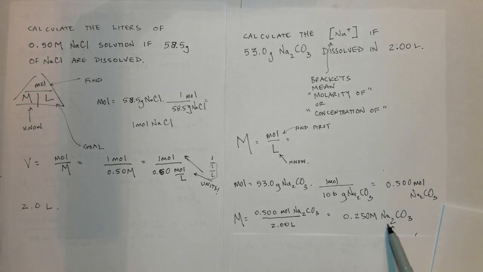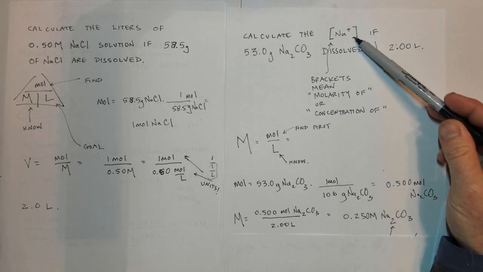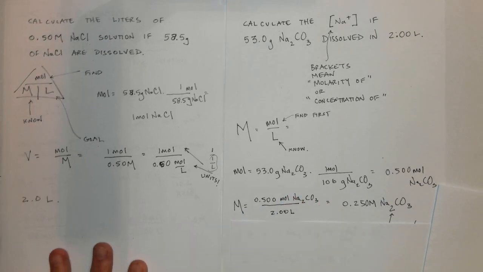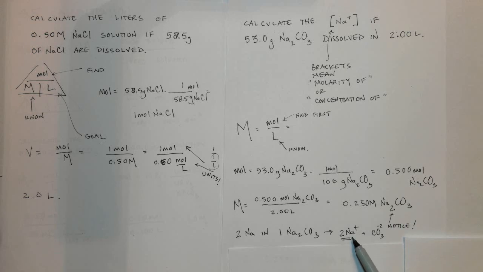So this is the concentration of Na2CO3, but the question asks what is the concentration of just the sodium ion. And if you remember back from earlier in the chapter, all sodium salts are soluble. And so this ionic species will break up into 2 Na pluses and 1 CO3 2 minus.